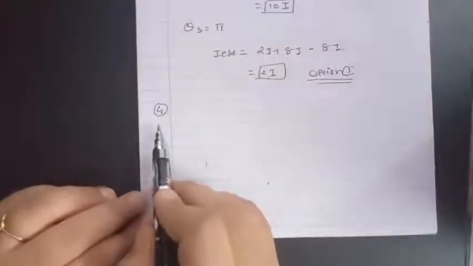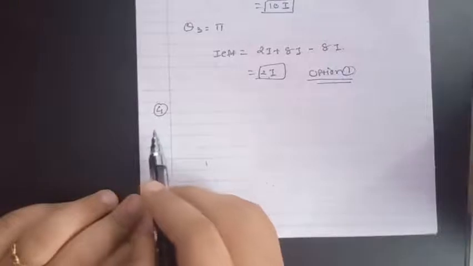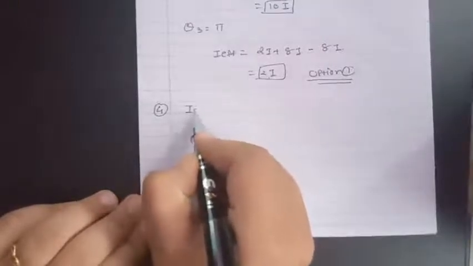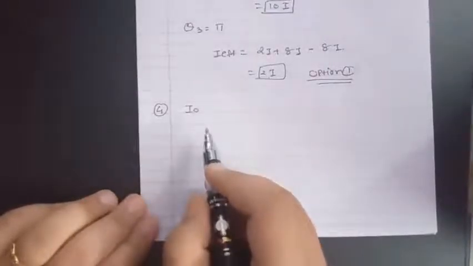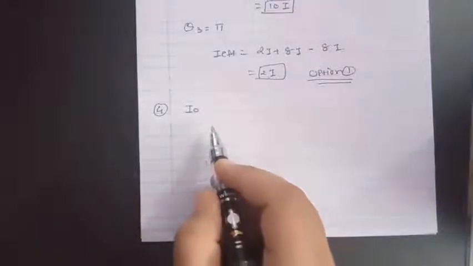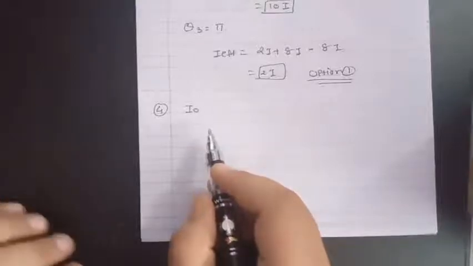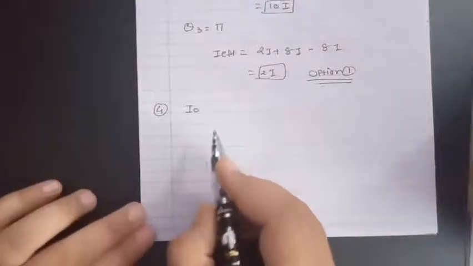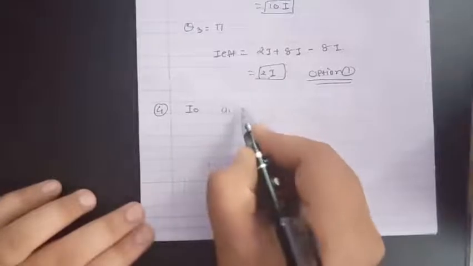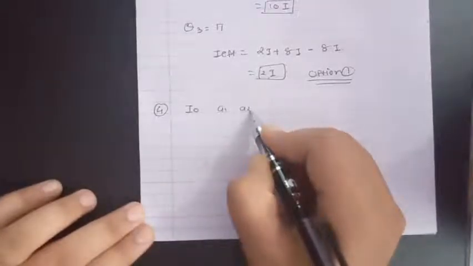In question number 4, the intensity of the interfering waves in an interference pattern is the same, I naught. We want to find the resultant intensity at the point of observation. Here, let's say A1 and A2 are the amplitudes and A is the resultant amplitude.